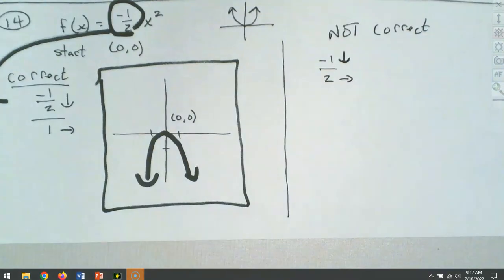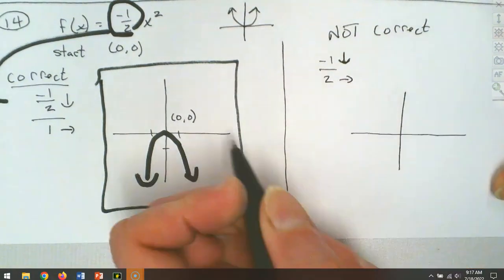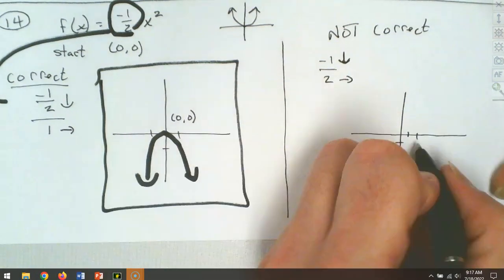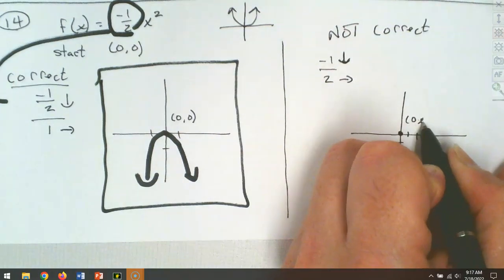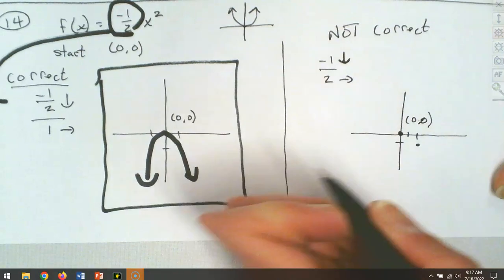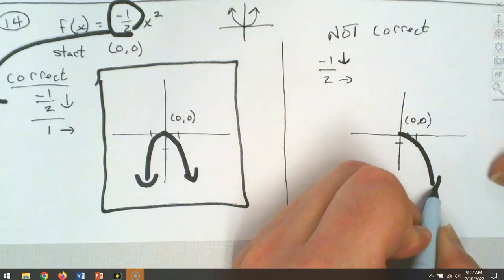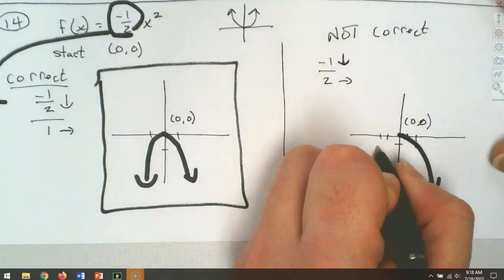If I would have used minus 1 over 2, what would have happened to our picture here? We still would start at 0, 0, but look at what would have happened. Down 1 over 2.